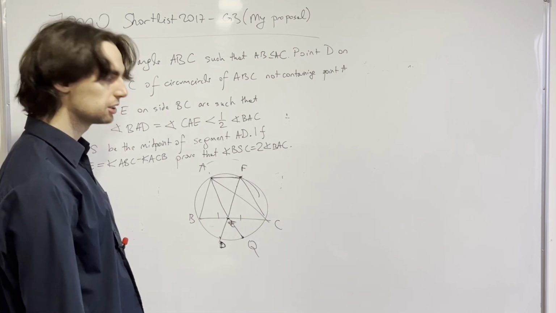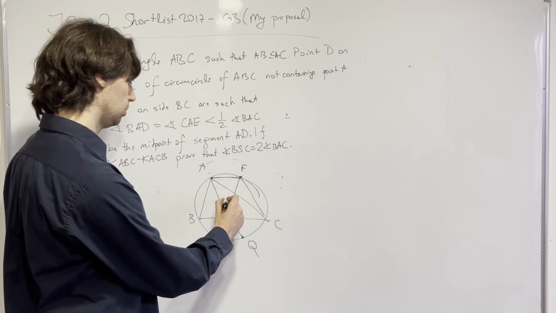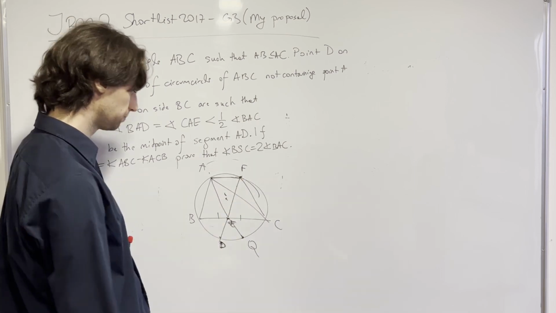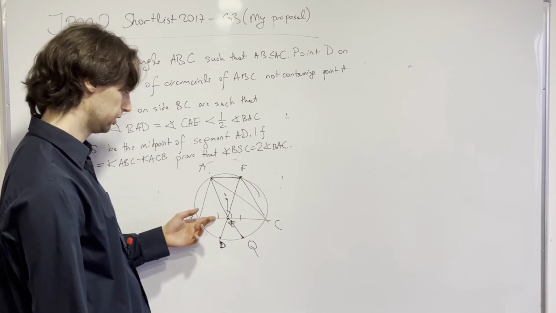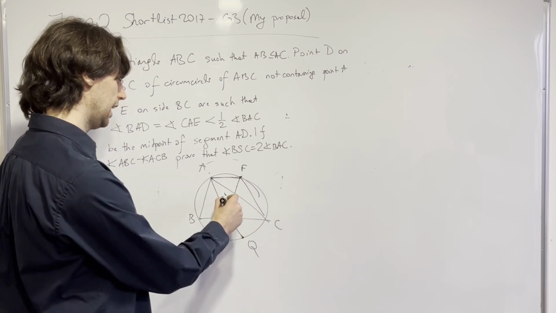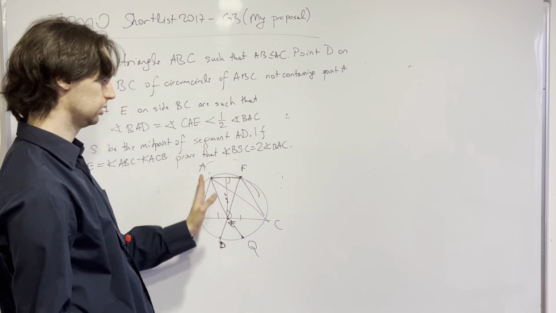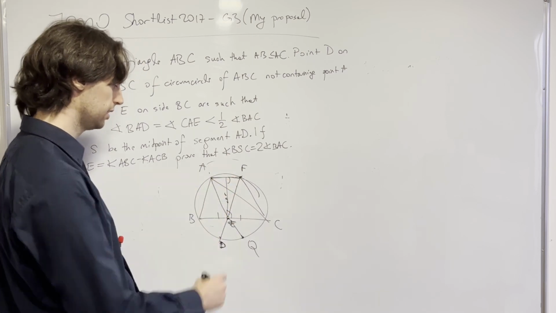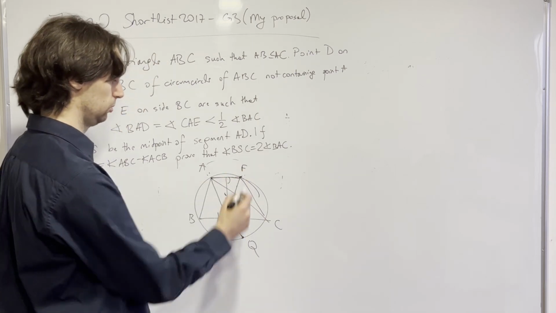So now what does that give us? Because it's an isosceles trapezoid, that means that, if O is their center, OA is OF, and OM is the perpendicular bisector of BC, and because these are parallel, this is also the perpendicular bisector of AF. And because M lies on there, MA is equal to MF.